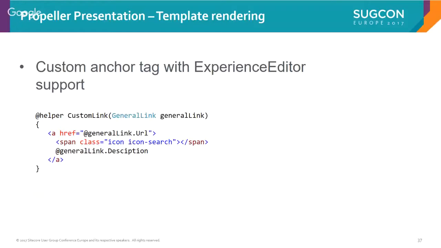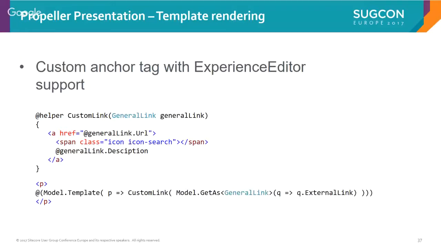So to achieve this, they can just define a template where they can create it to look the way they want it to look for the user. And then they just call this model template and provide the template and grab the item that they want to render out. Internally, this template method will detect if it's in edit mode or not.